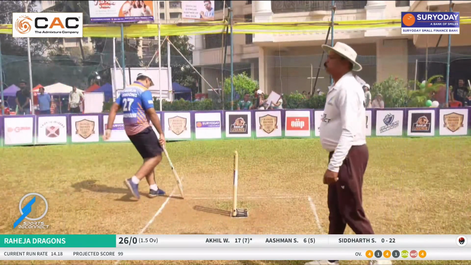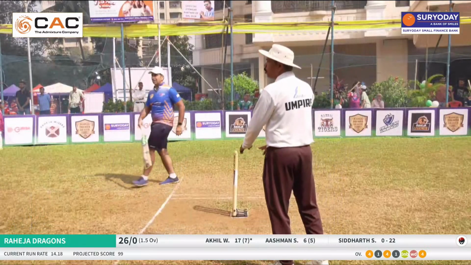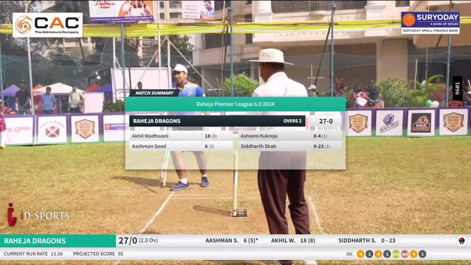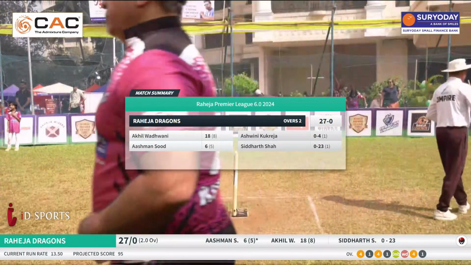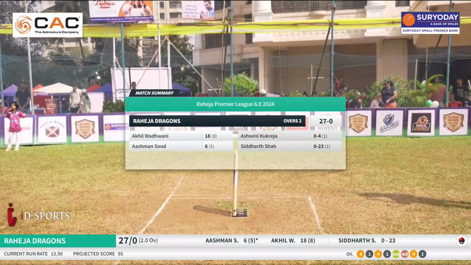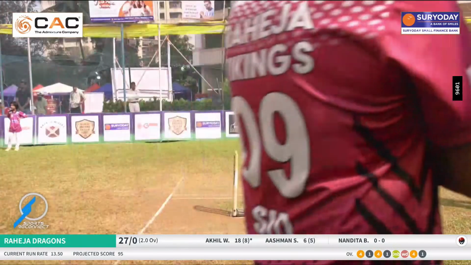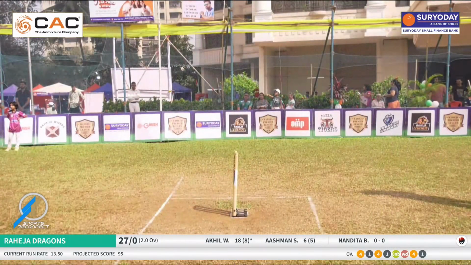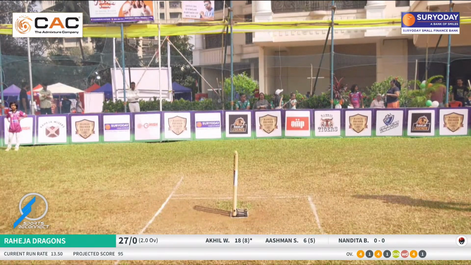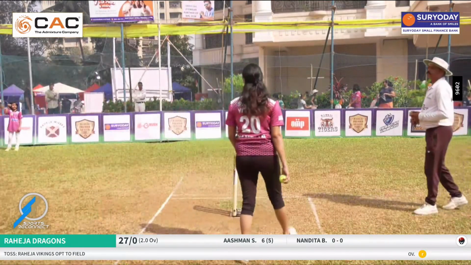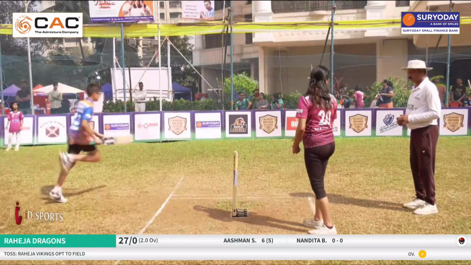Good running between the wickets. Akhil playing it quite intelligently. After a couple of boundaries, he takes the single and retains the strike for the 4th over. But for now, it's 27 at the end of 2 overs. Akhil justifying his high price, 18 runs off 8 balls, and Ashman 6 off 5.